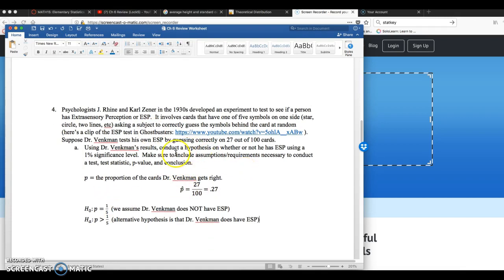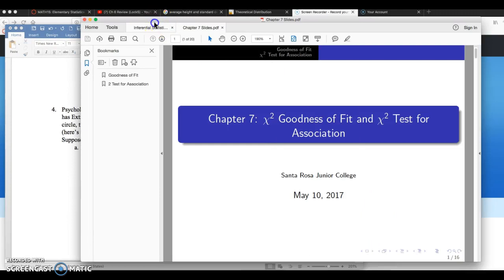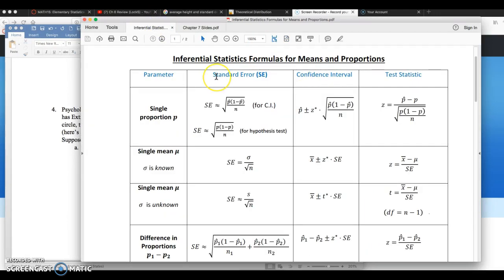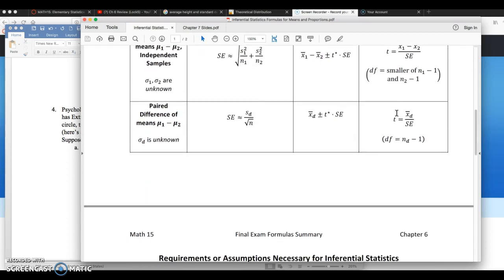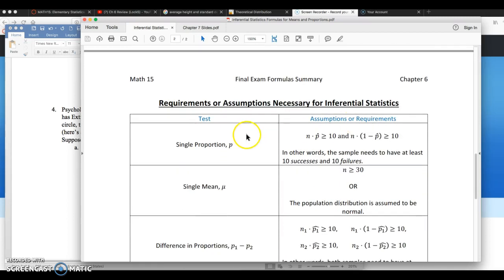So we've got to look at the assumptions, requirements necessary to conduct a test. I'm going to look at our inferential statistics formula sheet, and notice we are doing a single proportion, so I'm going to use this first row. We've got the standard error, confidence interval formula, and test statistic. But I want to go to the second page to look at requirements. For single proportion, we need a sample that has at least 10 successes and 10 failures.